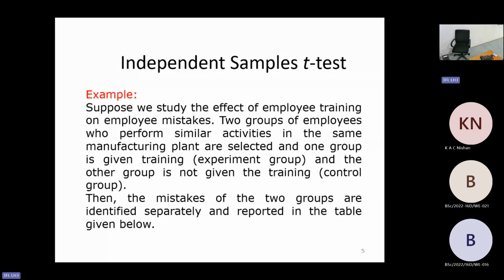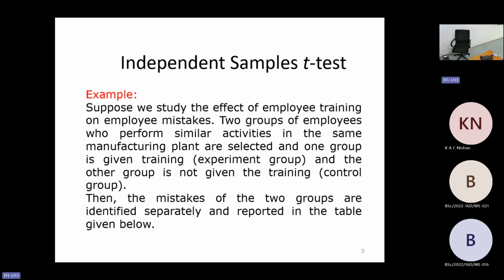What it says is, suppose we study the effect of employee training on employee mistakes. You train the employees to minimize their mistakes. Two groups of employees who perform similar activities in the same manufacturing plant are selected, and one group is given training. One group is given training, and we call them the experiment group or the treatment group.